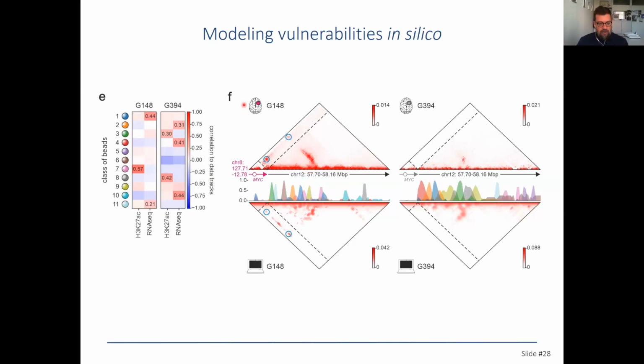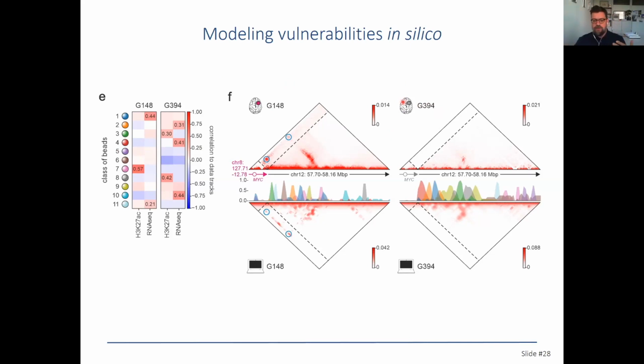So again, I will not go into the details of the physical modeling here, but we can have models that nicely recapitulate the 3D interaction that we see in our Hi-C data. They do this just by using two pieces of information, the H3K27 acetylation and the RNA-seq that we have for this one locus. We have as a negative control another locus where the translocation doesn't exist.